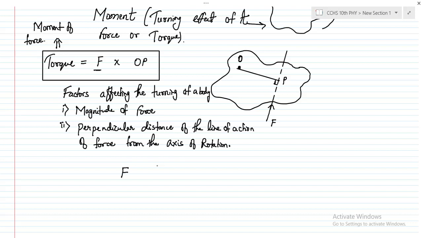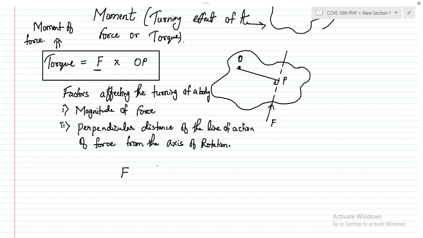That's why we have seen many examples in your book and in practical life that handles are provided in doors at the extreme end. Why are handles on the opposite side of the hinges? You know the meaning of hinges.